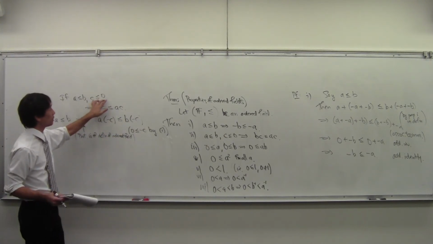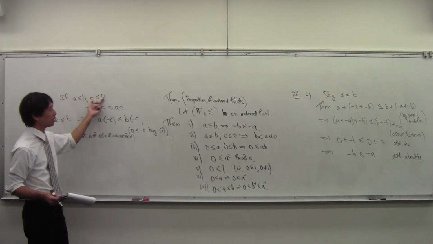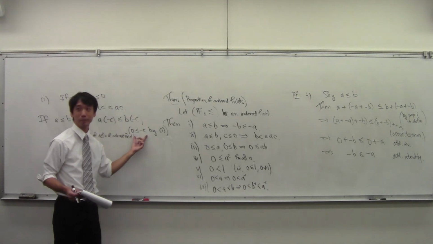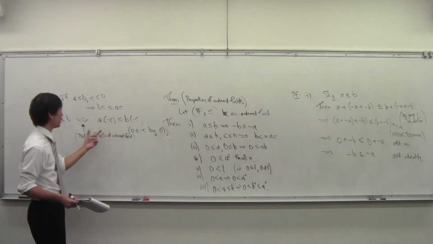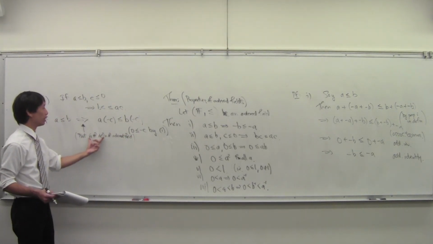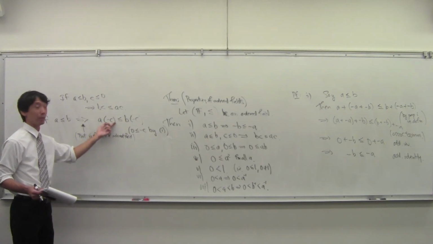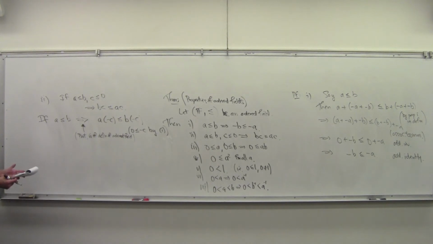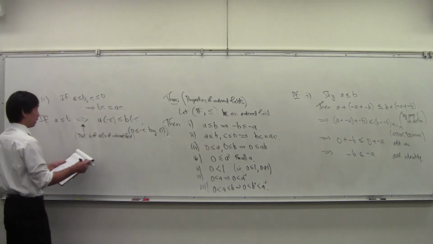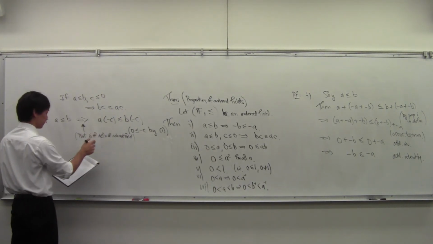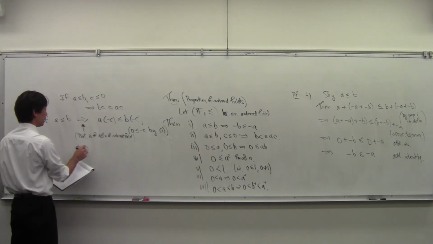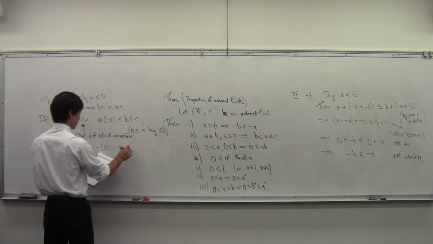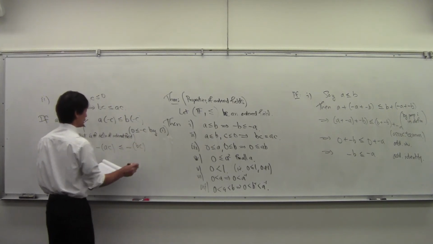Now, I know that C is less than 0, so by part 1, negative C is bigger than 0. I'm multiplying by something bigger than 0, and so the order doesn't change. I use that property of the ordered fields. Now, that's the same thing as saying that negative AC is less than or equal to negative BC.